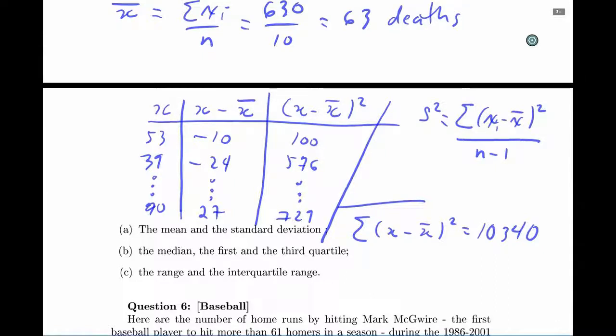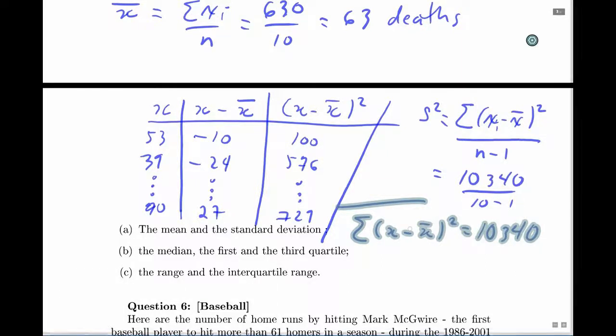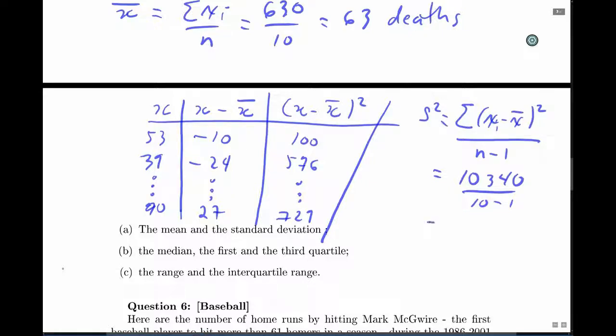Okay, so in our case, this will be 10,340. We divide this by 10 minus 1, and I compute my sample variance, which will be equal to 1,148.889.